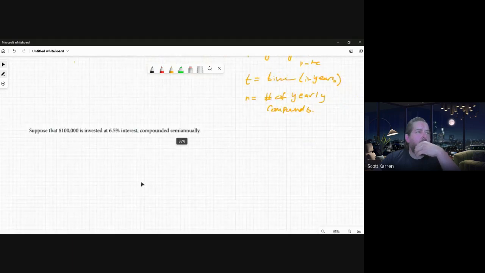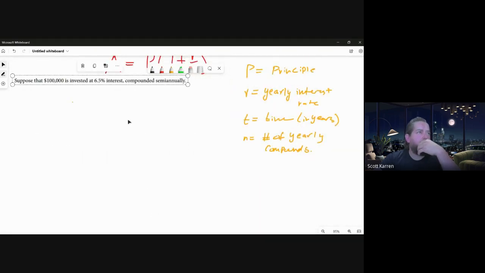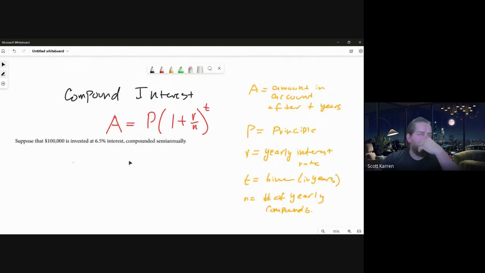All right, so using this equation then, let me scooch this up so we don't lose it. Let's look at this question. Suppose that $100,000 is invested at 6.5% interest compounded semi-annually. So semi-annually means 2 compounds per year.